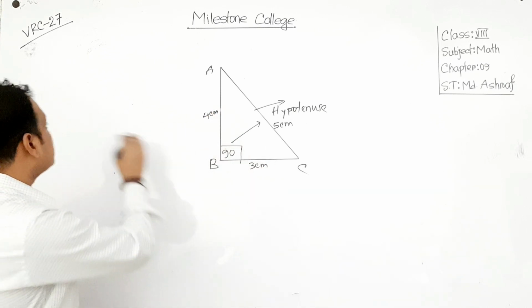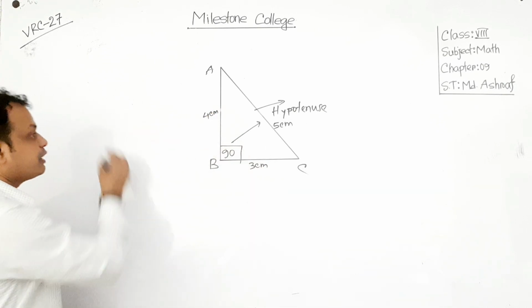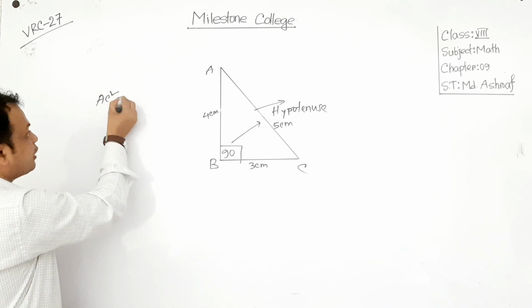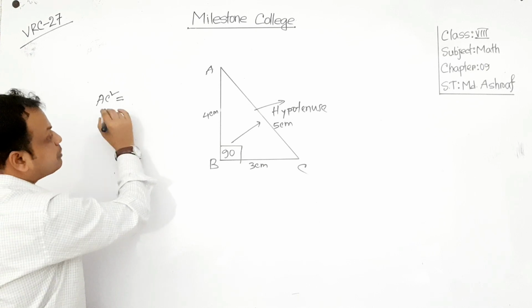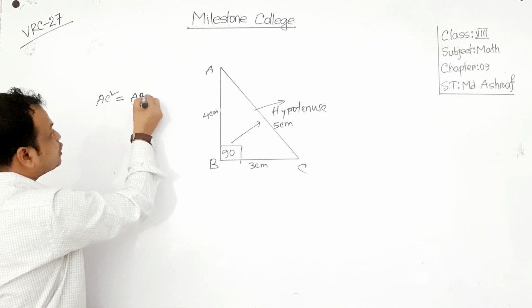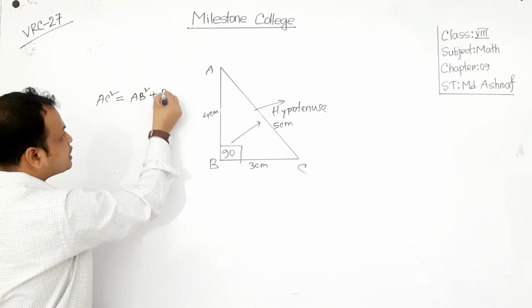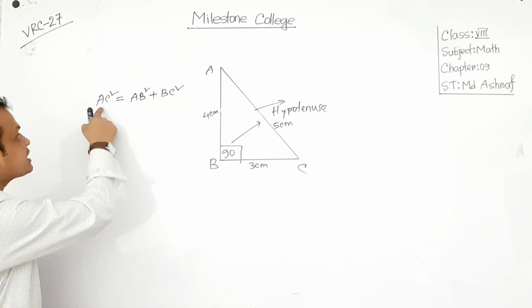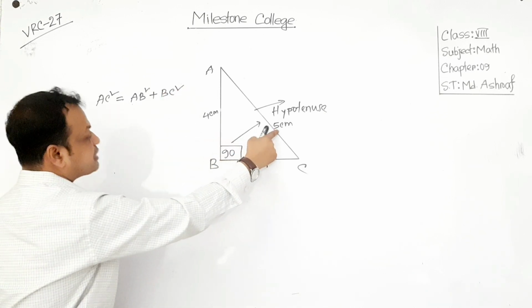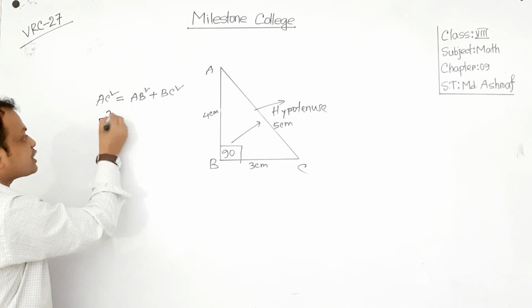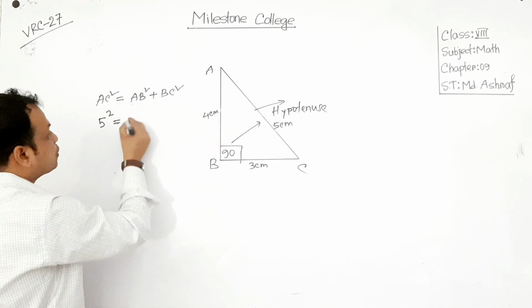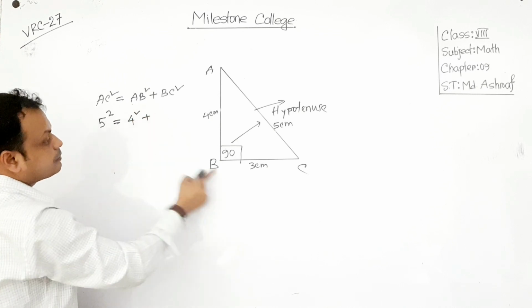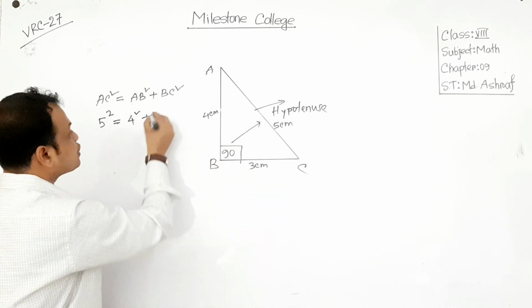So by the Pythagoras theorem, hypotenuse square, AC square, equals the sum of the squares on the other two sides, that means AB square plus BC square. What is the value of AC? AC is 5 centimeters, so 5 square. AB is 4, so 4 square, plus BC is 3 centimeters, so 3 square.